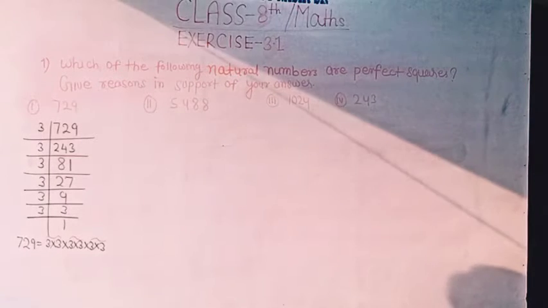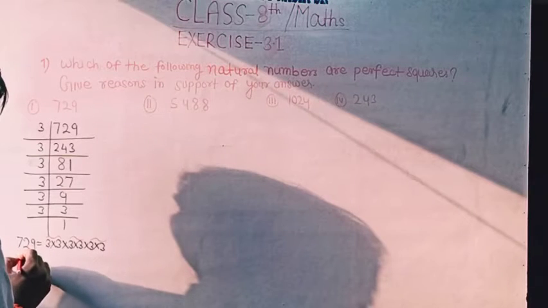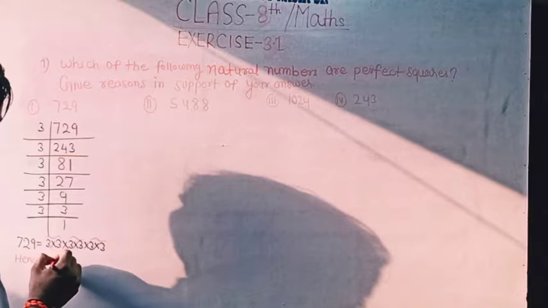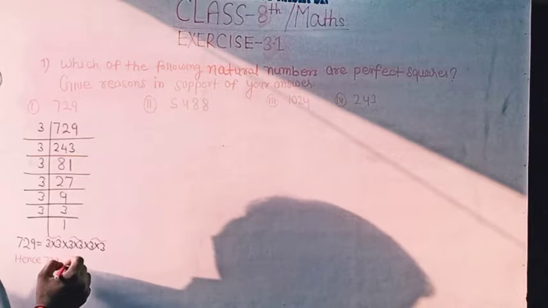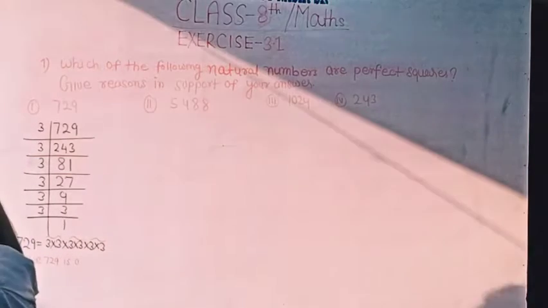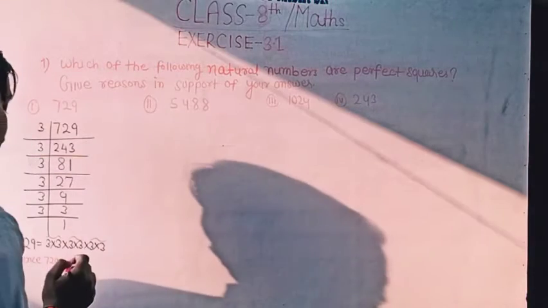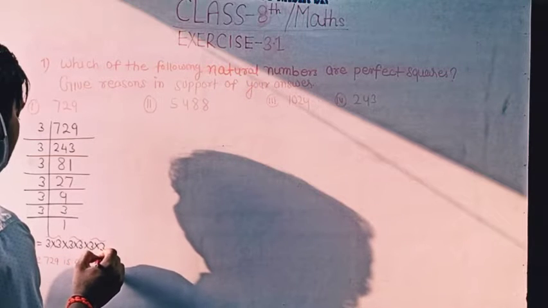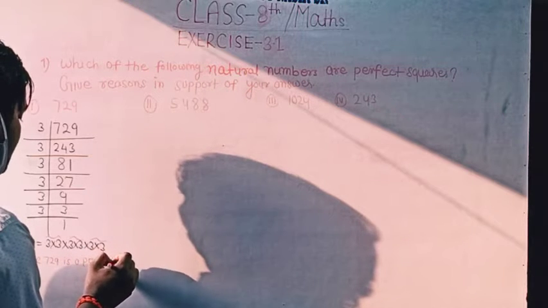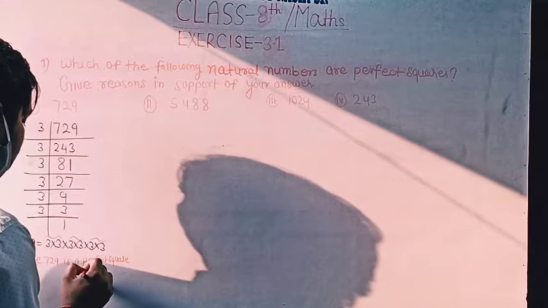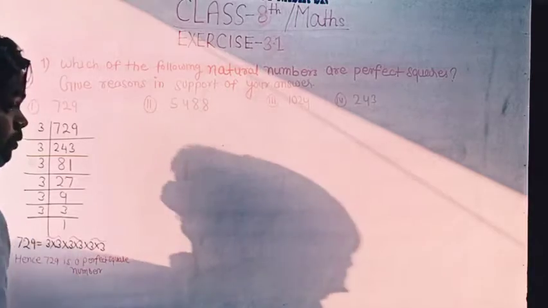Hence we can say that 729 is a perfect square number.